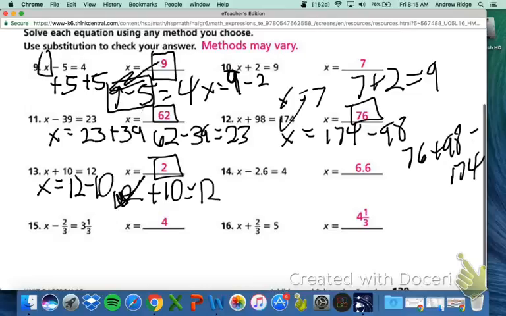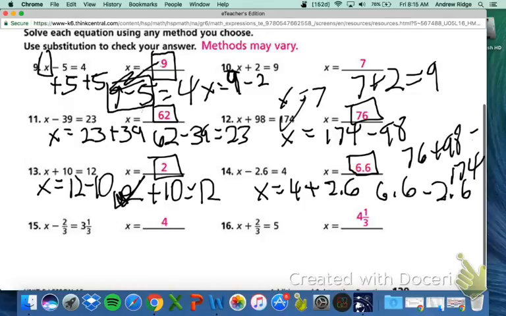Check. All right, we have x equals 4 plus 2.6, so that's going to equal x equaling 6.6, and if we check it, 6.6 minus 2.6 equals 4.